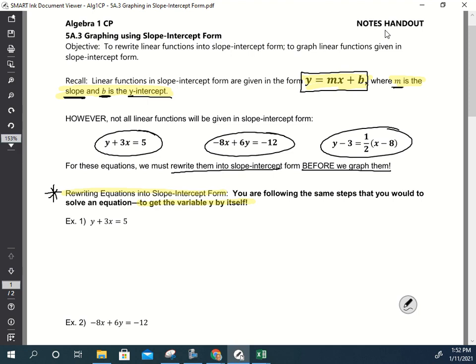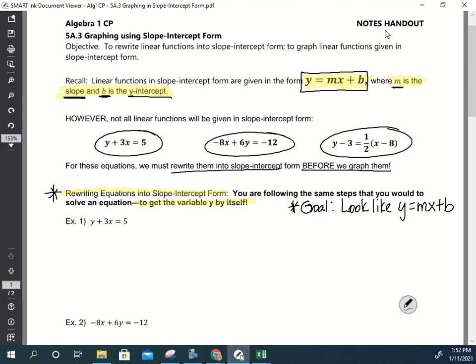You are getting the variable by itself. So what are some of the things that we could do to get the variable by itself? So let's just remember that the goal is for your answer to look like y equals mx plus b.